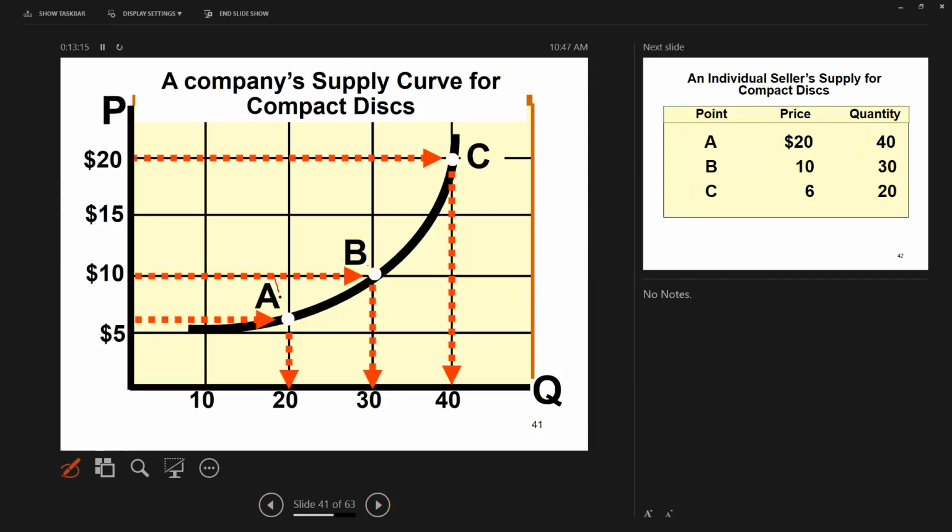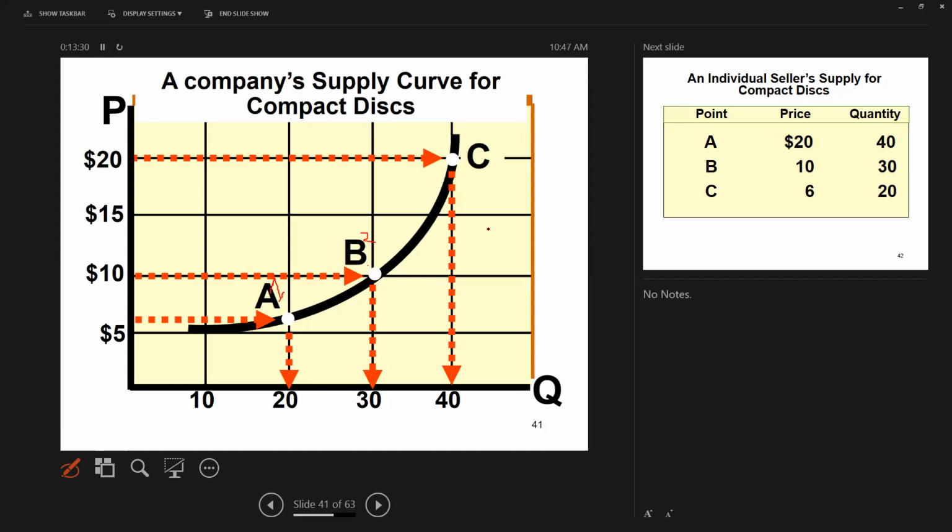We'll make this point 1, make this point 2. Each point has a Q and a P value. This is on the x-axis, that's on the y.